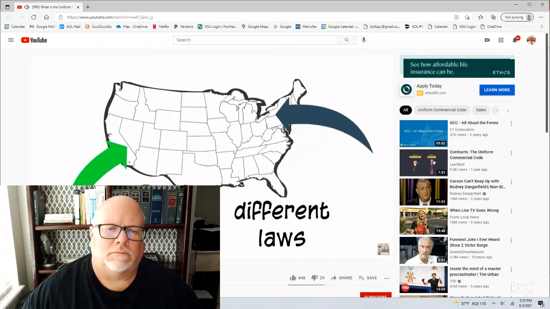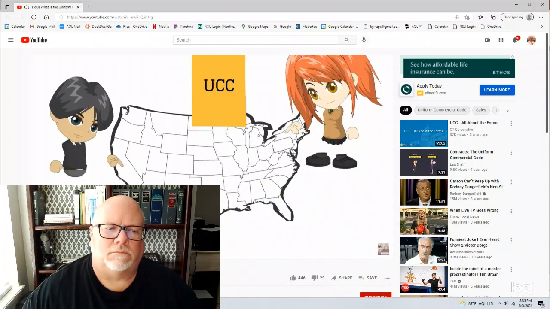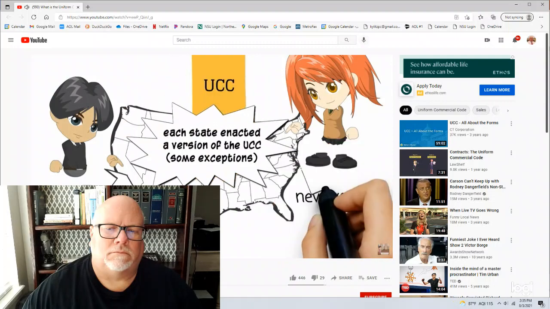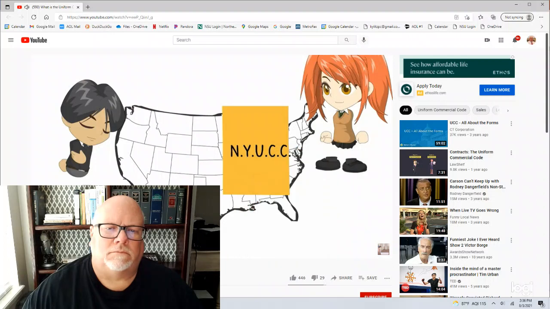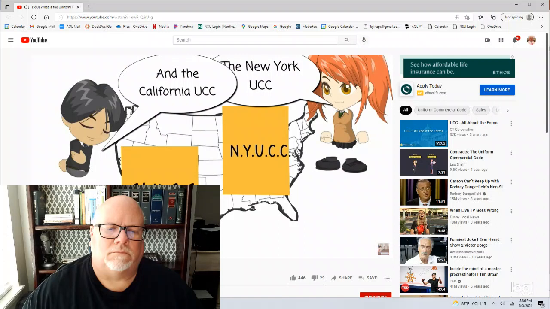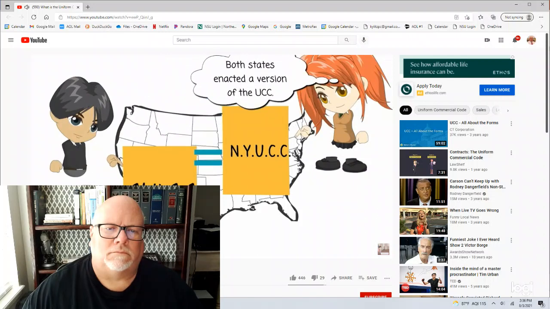Remember, different states can have different laws, but because each state has practically the same version of the UCC, we can expect contract law for the sale of goods to be the same from state to state. That's why you'll see something called the New York Uniform Commercial Code, and you'll see something called the California Uniform Commercial Code. It's just each state's version of the Uniform Commercial Code. By and large, the California Uniform Commercial Code, the New York Uniform Commercial Code, and other states' uniform commercial codes will be the same.